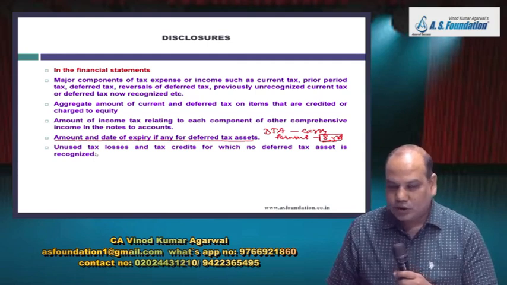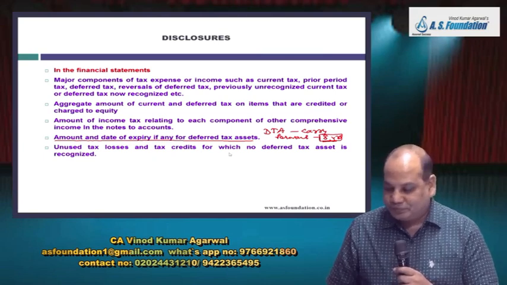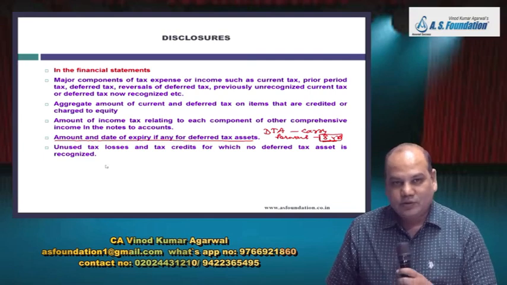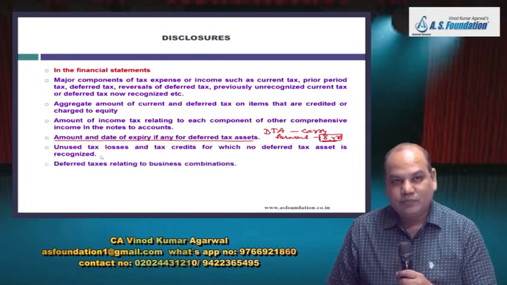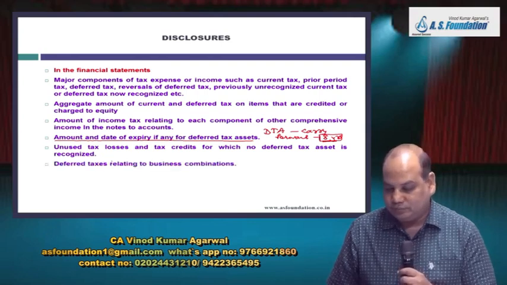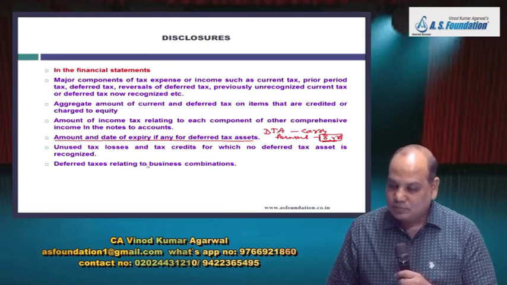And then disclose unused tax losses and unused tax credit for which no DTA is recognized. That also you disclose: that the company has not recognized DTA for the following unused tax losses. Deferred tax relating to business combination, that you disclose.